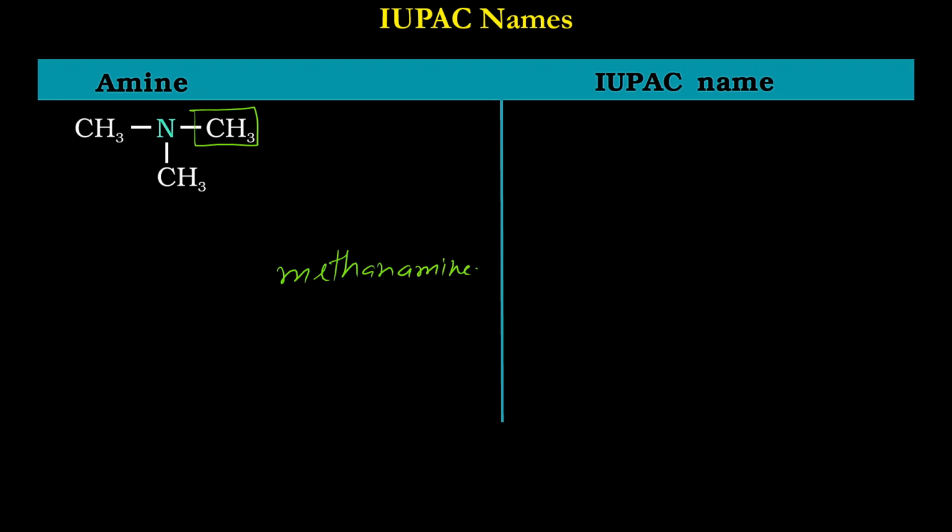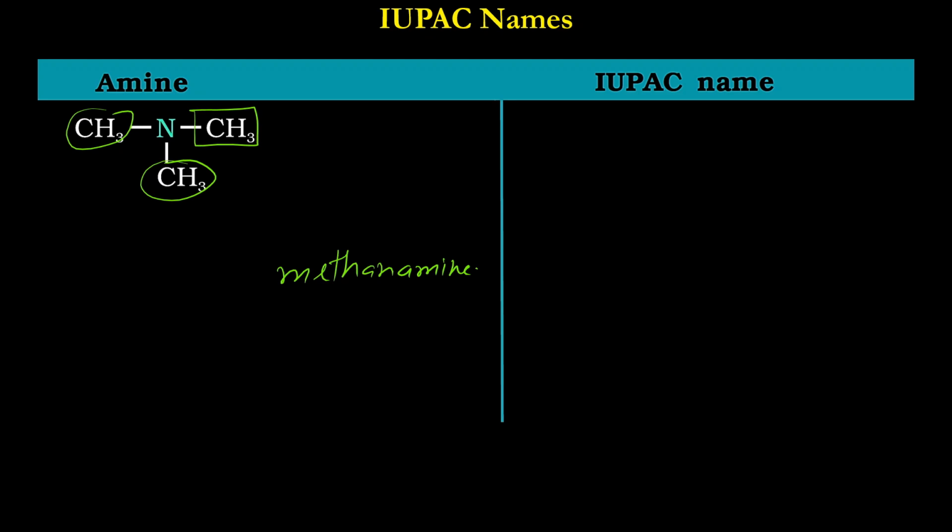Now there are two alkyl groups, side chains, attached to nitrogen. As we did in the case of the secondary amine, in the tertiary amine we will say these two are attached to nitrogen. So we will say N,N-dimethyl. It is a convention to write N two times.